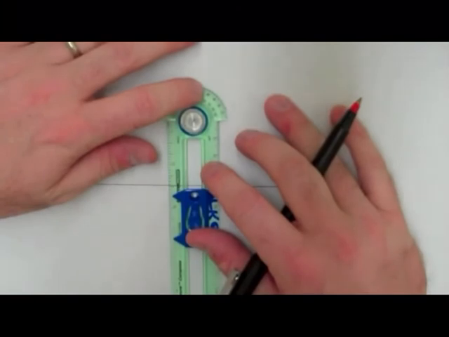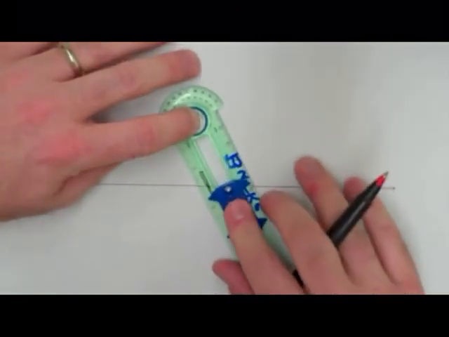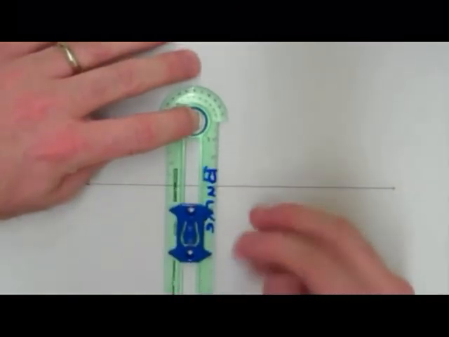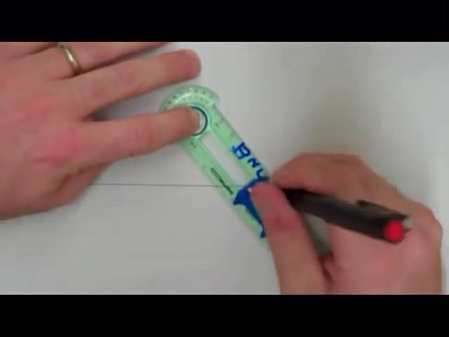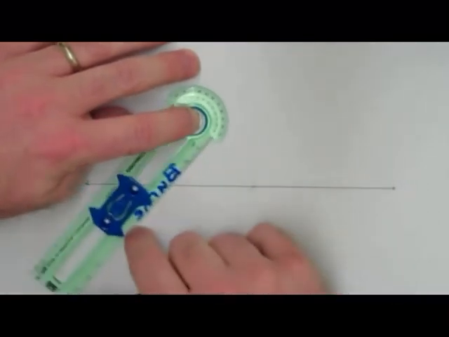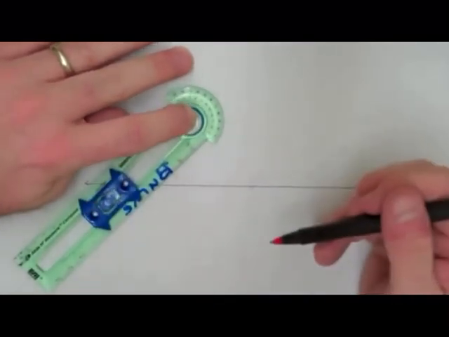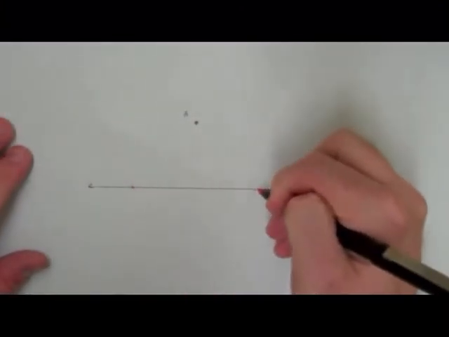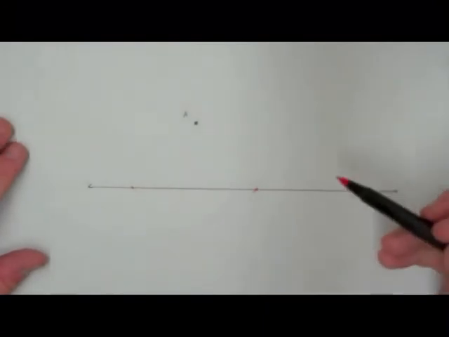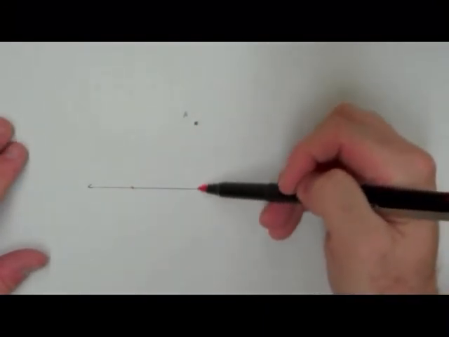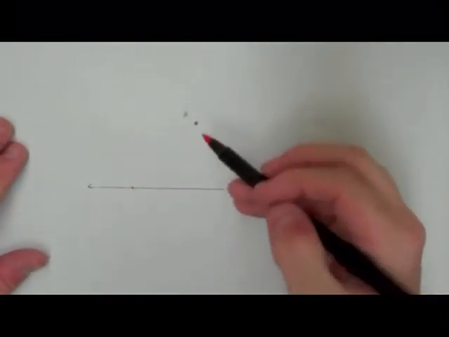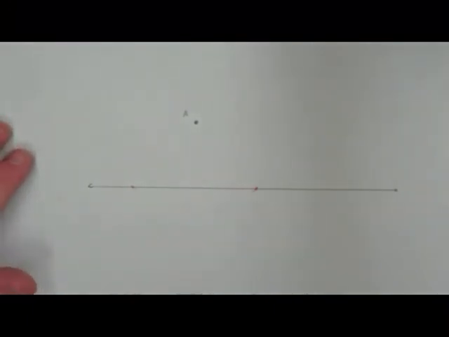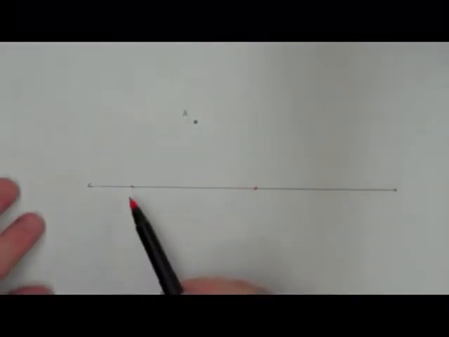So it's very similar to the other construction where I put the point of my compass on point A, open it up so that you're past the line, make a mark on one side, and make the same mark on the other side. What I have created is a line segment such that if I drop A straight down, it would actually be the midpoint of this segment.